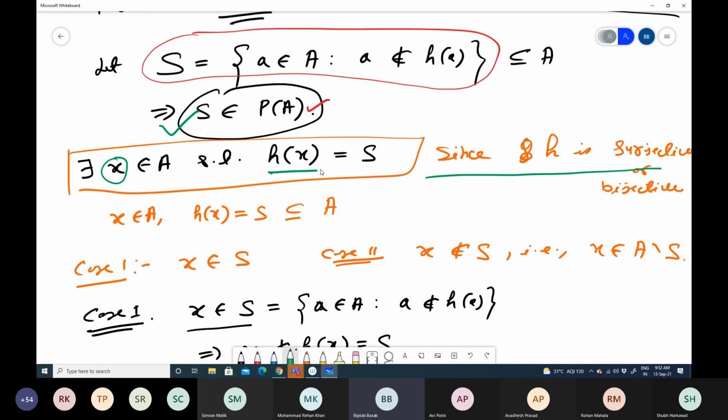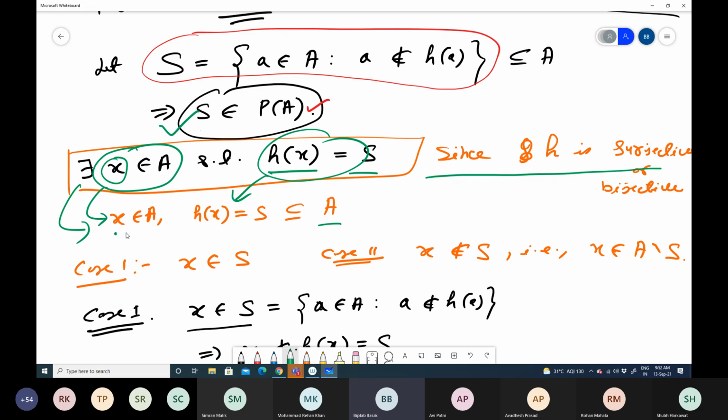So that means H of X equals S. I am writing this line only. So we take X belongs to A, and H of X equals S, which is a subset of A. So we have two cases, right?